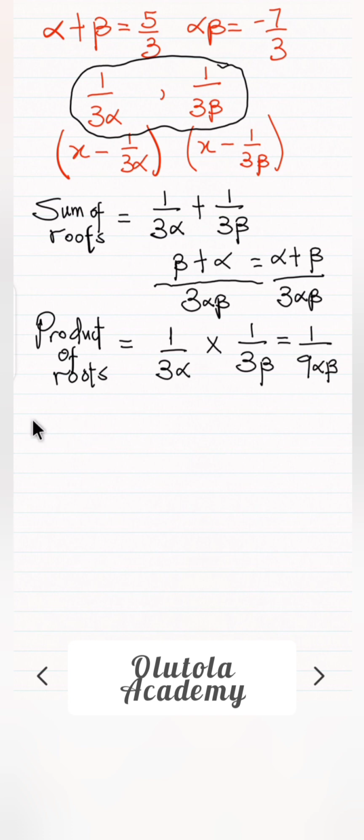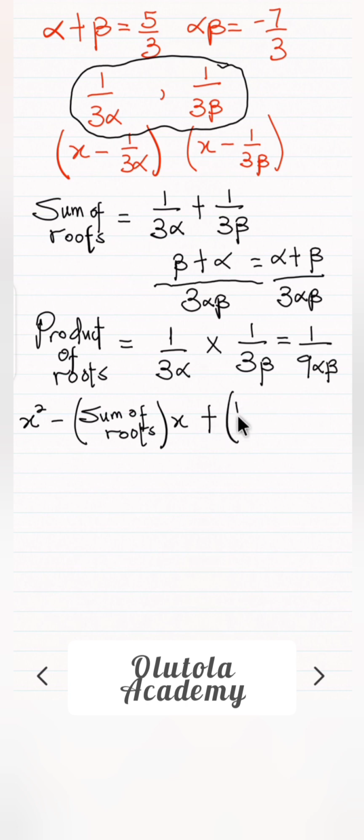Now what is next is for me to use this formula: x squared minus open bracket sum of roots close bracket x plus product of roots equals 0.